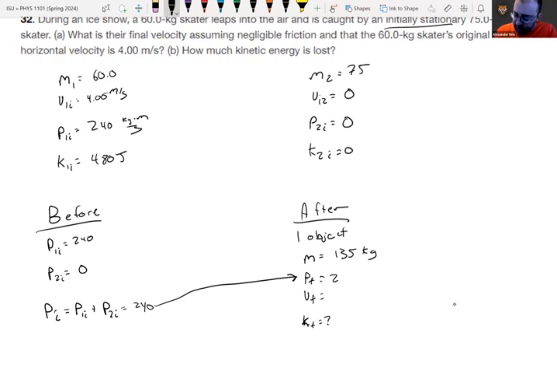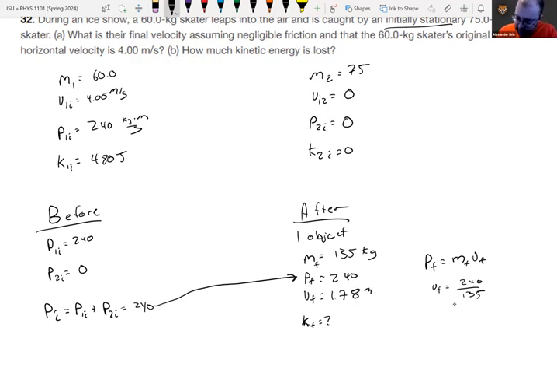Now if we want to find V final, P final is equal to M final times V final, since it's a single object. That means V final is equal to 240 over 135 once we solve for that.